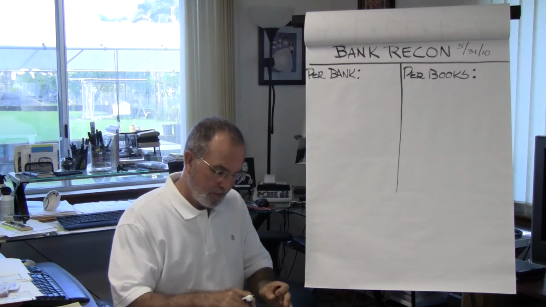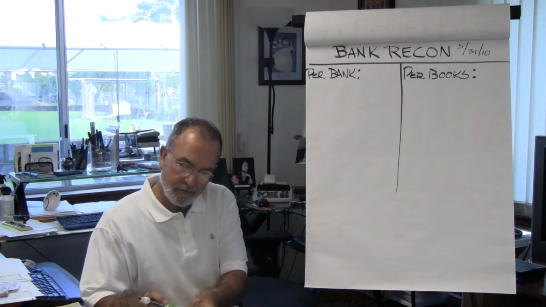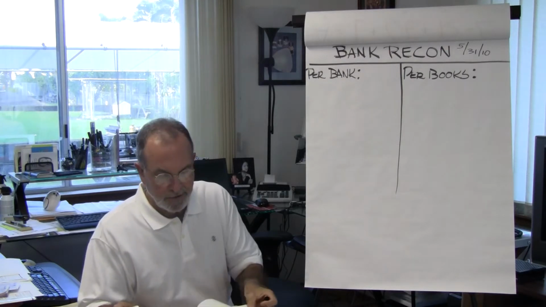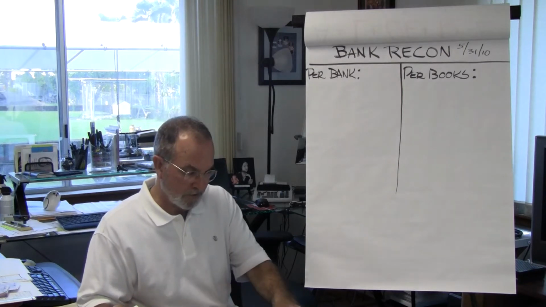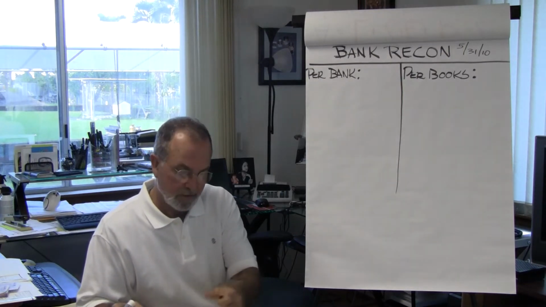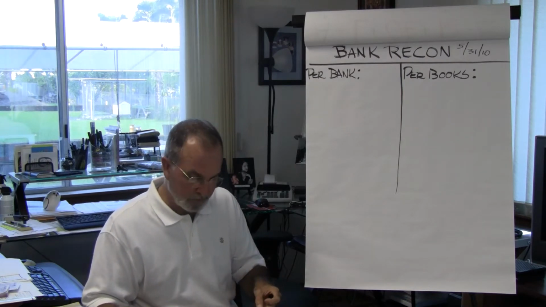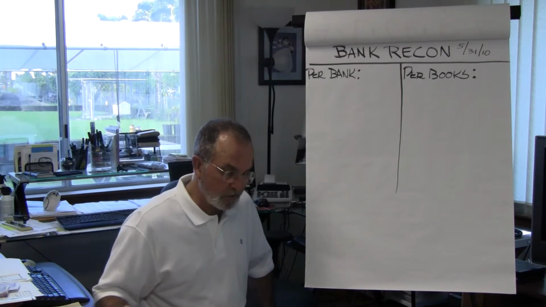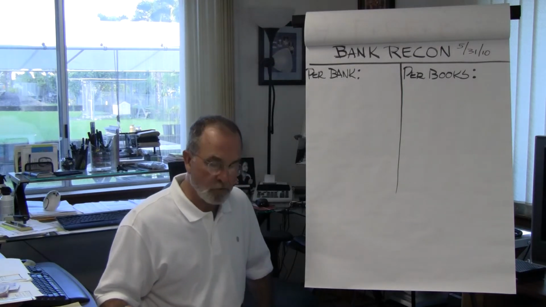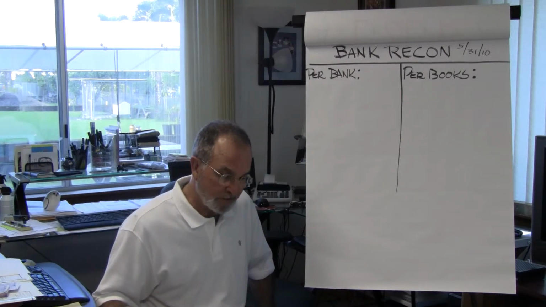By the way, the chapter shows you an example of what a bank statement looks like. I think most of you have checking accounts, and so you probably have a good idea of what a bank statement looks like. But if you take a look on page 264, there's a picture of a sample bank statement.